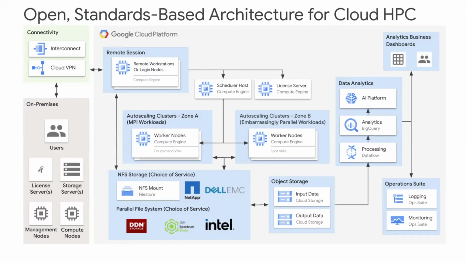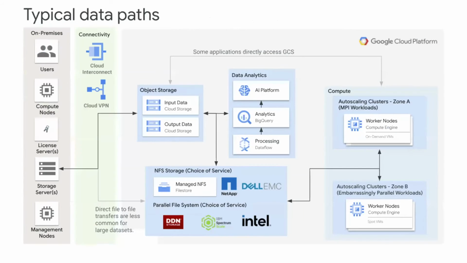In terms of data movement, the story is a little bit different. What typically happens is that our customers' data, or the seed of the data, as I like to call it, originates from the storage on-premises, and they will move that most often to the object store, and then move that in turn to their storage on the cloud, whatever that is, either NFS or a parallel file system.